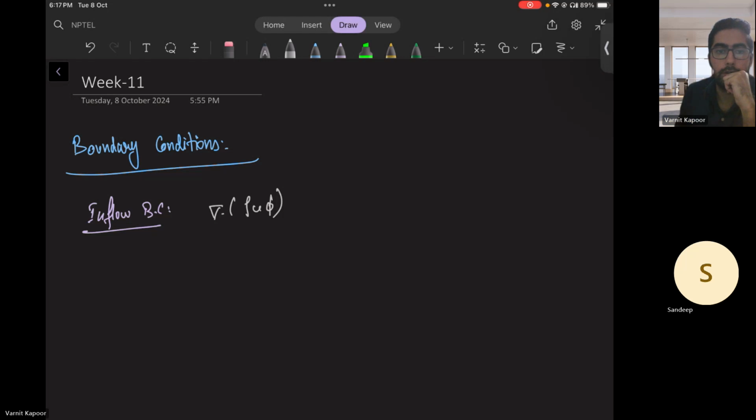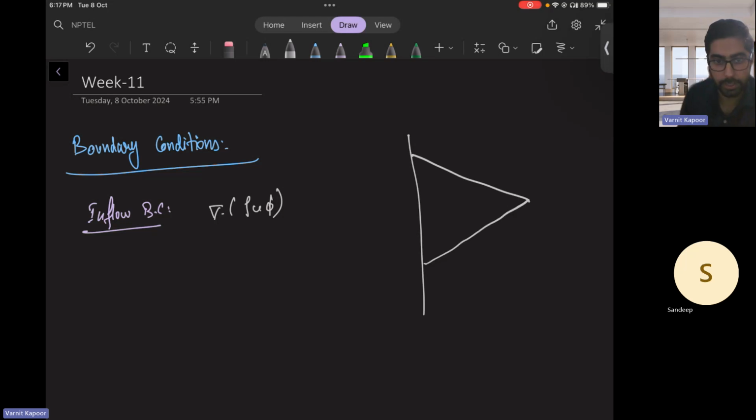Where you have the density of a particle, the velocity of the particle, or any property phi you want to calculate. Suppose you have a cell like this at the boundary. This is your C naught, and the area vector for this face is A_B. This is your boundary.